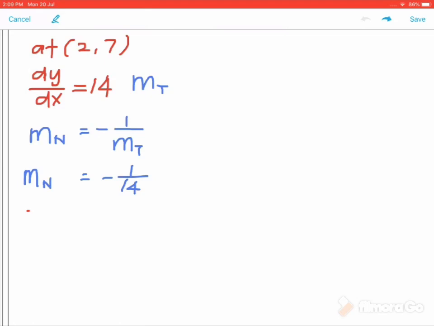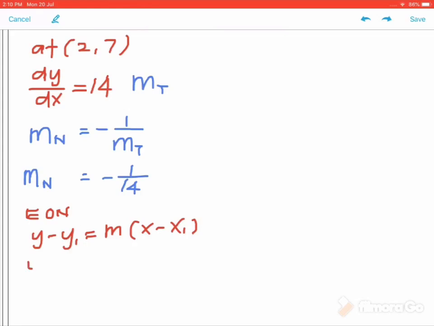Now we can find the equation of the normal. The same thing, we use the same formula, which is y minus y1 is equal to m(x minus x1). Now we can substitute our point (2, 7) as (x1, y1) and the gradient of the normal into the equation.